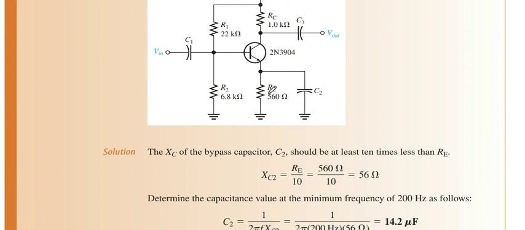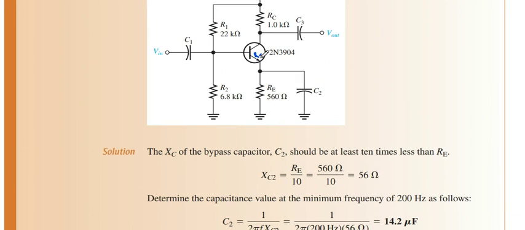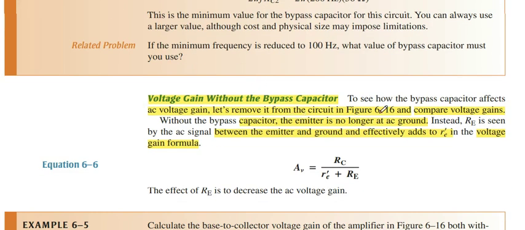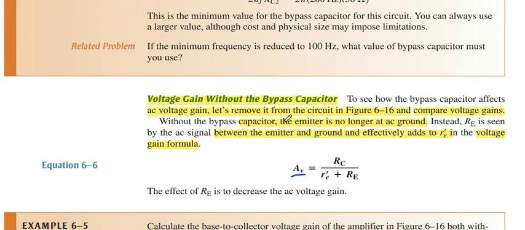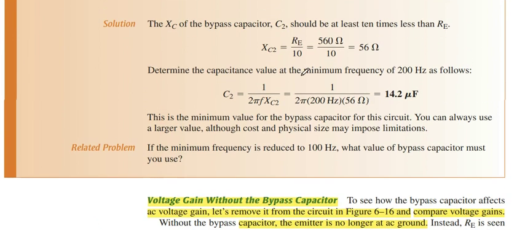Then Re is added with Re prime, and our voltage gain decreases more as compared to using our bypass capacitor.